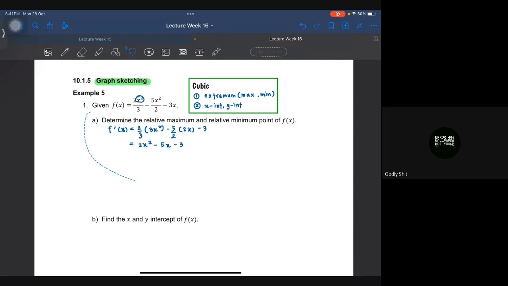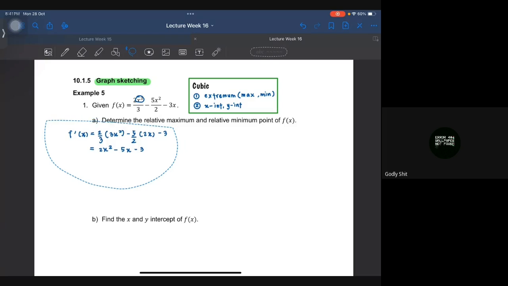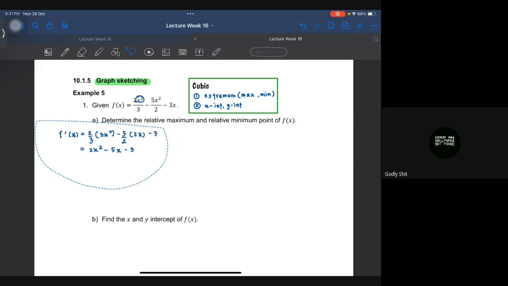Right, so this one kena letak sikit ke kiri, takut tak muat. Okay, jom. So, bila kita dah cari kita punya first derivative, then kita akan buat dia equal to 0 lah. So, 2x square minus 5x minus 3 equal to 0.